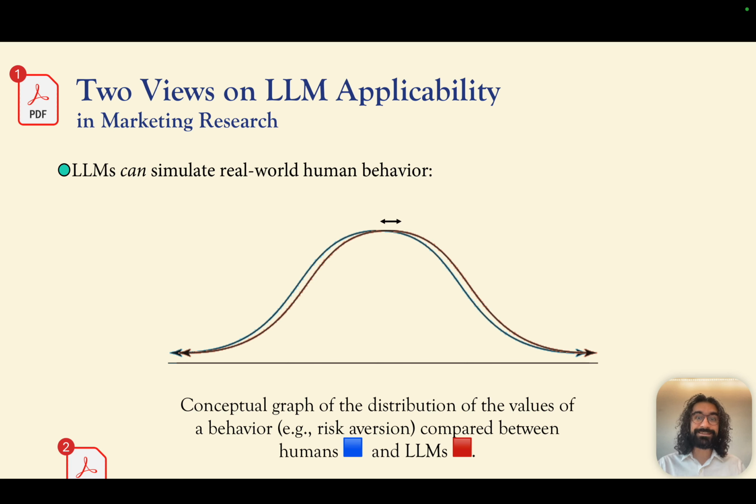That was a long sentence. But really what it's saying is that some research suggests that the behavior of LLMs and humans cannot be that far off from each other.